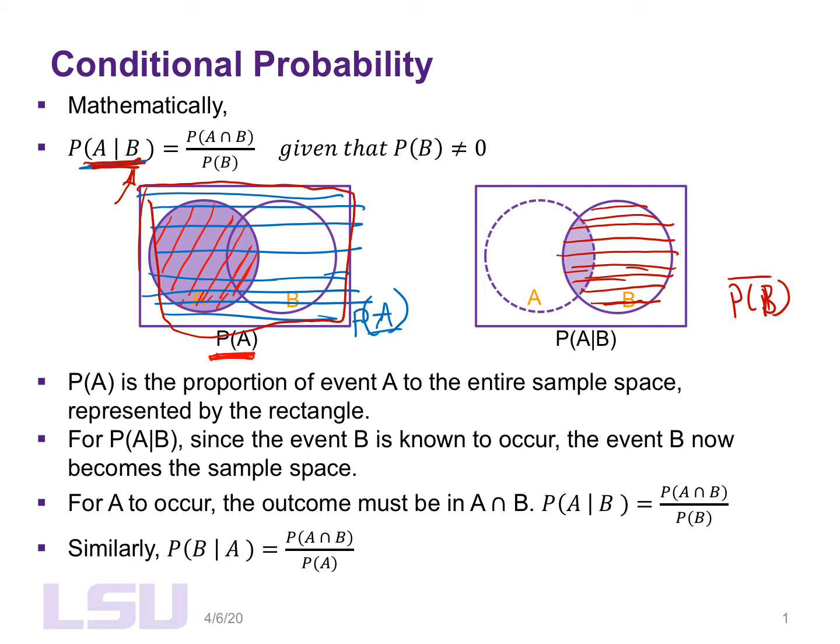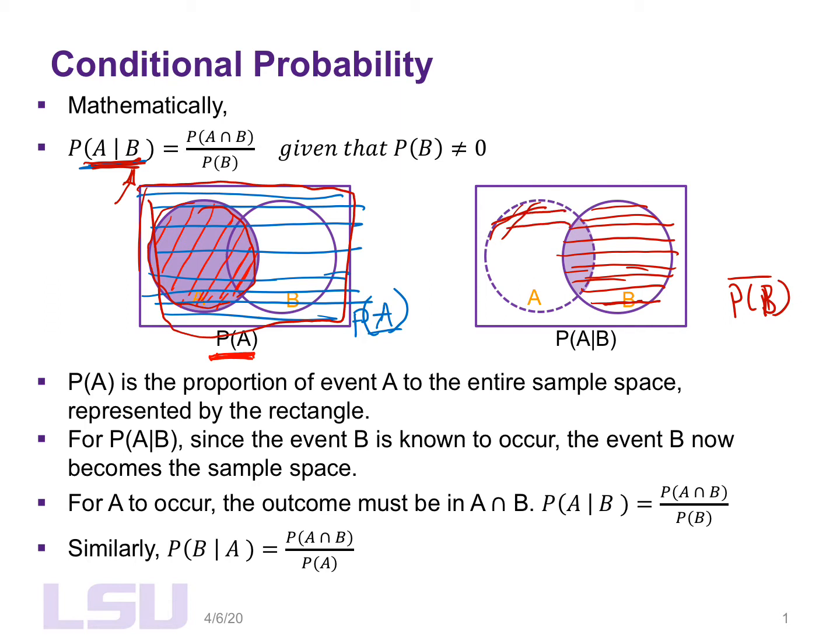Probability of A given B. Probability of A, which is just the unconditional probability of A, was A divided by the entire sample space. Here, it's going to be A divided by the reduced sample space, but because you've reduced the sample space, because B is given, then you can't have this part of A anymore, right?